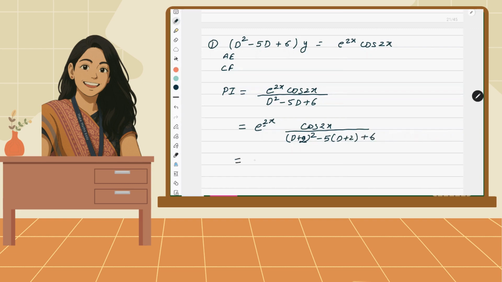Now this e to the power 2x is solved, I'll not touch it again. So cos 2x upon a square plus b square plus 2ab.